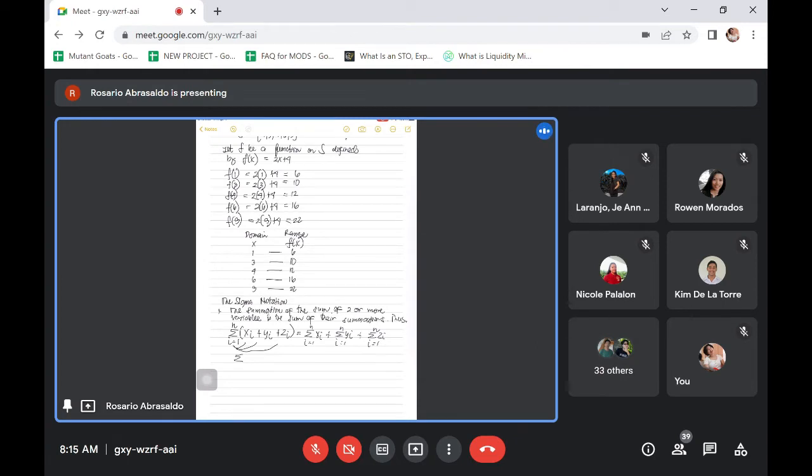By substitution, class, if we are going to expand this one, x sub i can be x sub 1 plus x sub 2 plus, to make it short, either 1 or 2 variables with subscript where i is from 1 to 2, then the rest up to the nth, x sub n.